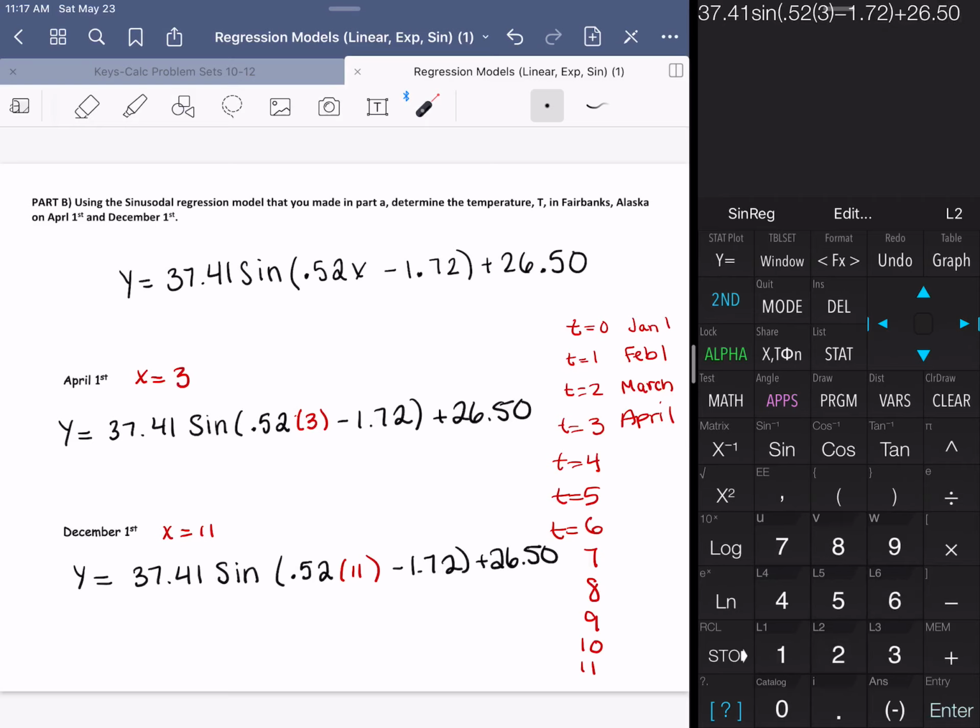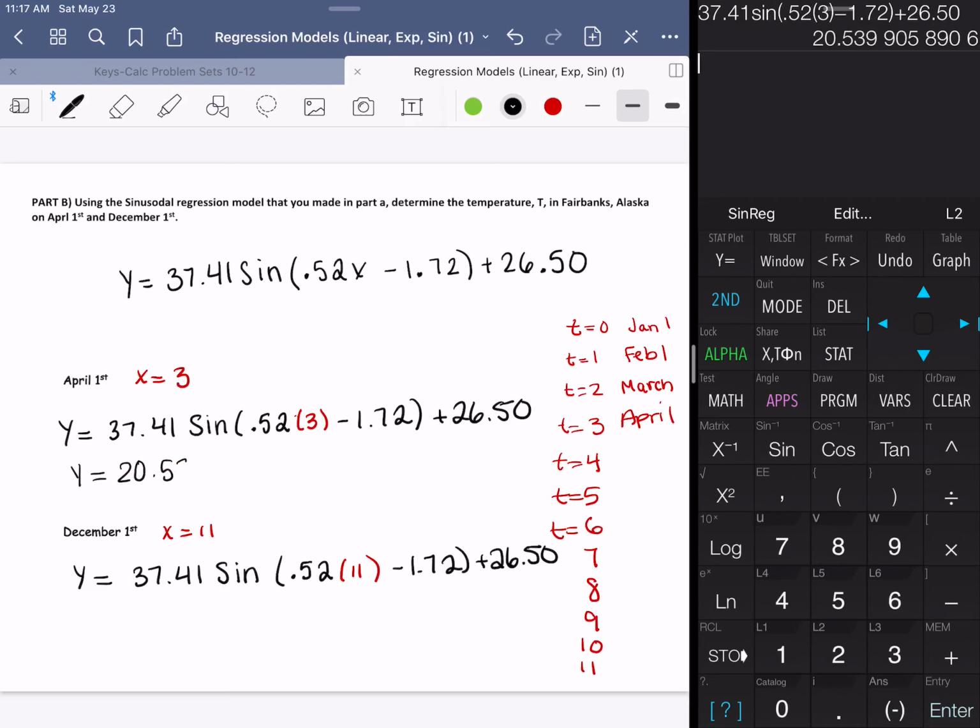Please make sure you're typing in every single parenthesis just the way you see it, and you should get y is equal to approximately 20.5399. It doesn't exactly say what to round to, so let's round to the nearest whole degree. So this is approximately 21 degrees Fahrenheit. In April, we are at approximately 21 degrees Fahrenheit.